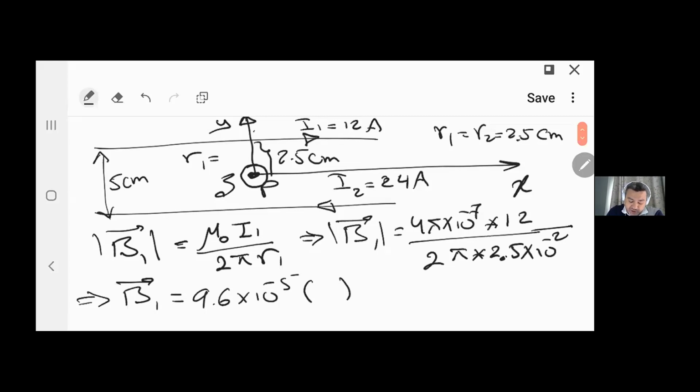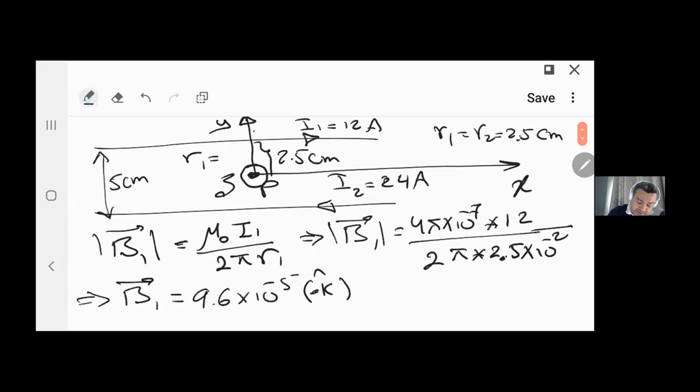The direction of B1 is, if you take the right hand and use the right hand rule, where the thumb is the direction of the current and your fingers are curling toward the direction of the magnetic field. In this case, the magnetic field at the point P will be pointing minus k hat.